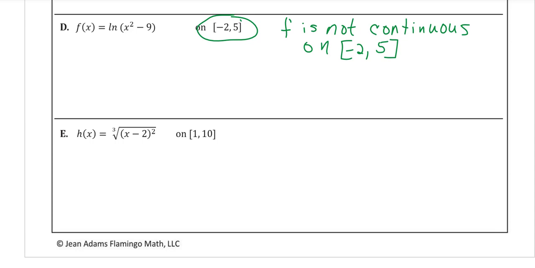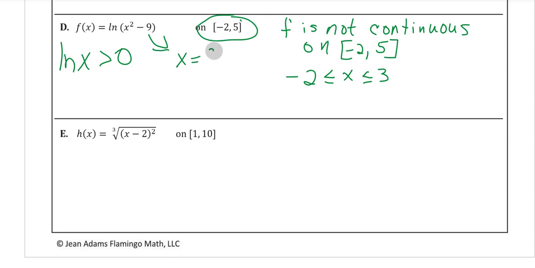What you're looking for is the fact that it is not defined from negative numbers all the way up to 3. Because remember, ln of x has to be greater than 0. Anything negative is out, and this will equal 0 at x equals 3, and also -3, but that's not in our interval. So anything before 3 is going to be out till you get to -3.